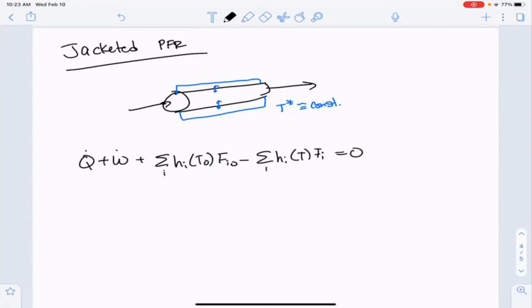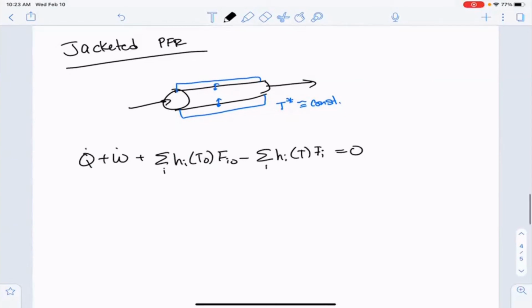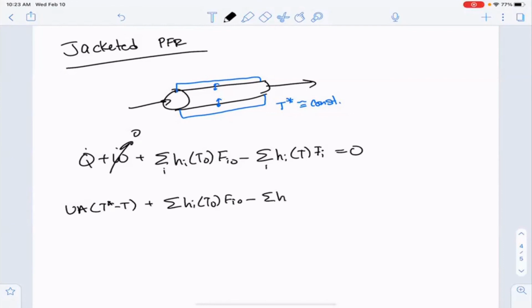So we don't have to change that at all. But there are some interesting things here where if we know that there's no work being done and Q is still UA times T star minus T, right? So this is plus Hi T0 Fi0 minus Hi of T times Fi.